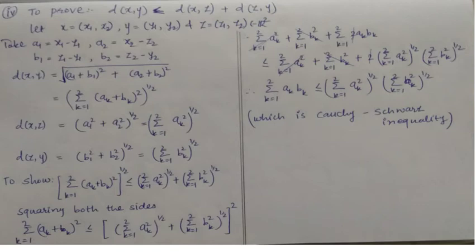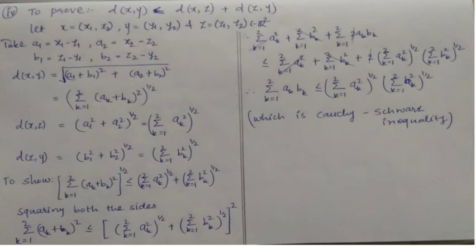Now take x1 minus z1 as a1 and x2 minus z2 as a2, and also z1 minus y1 as b1 and z2 minus y2 as b2. Right. First I am going to write d of xy.